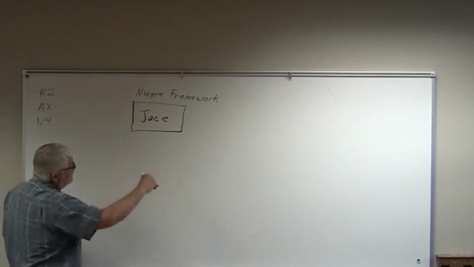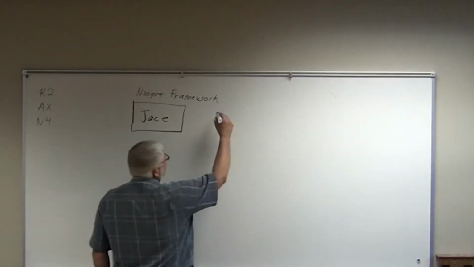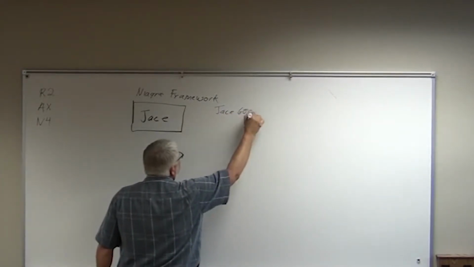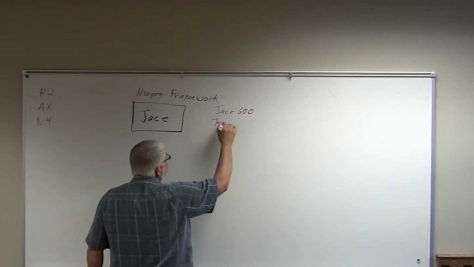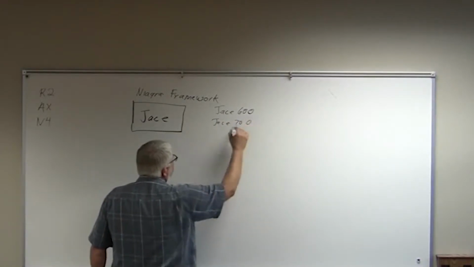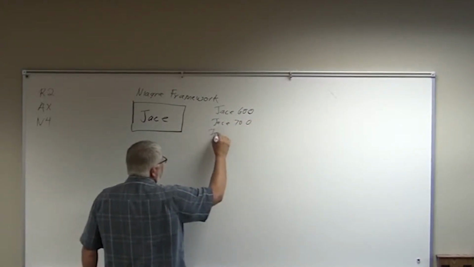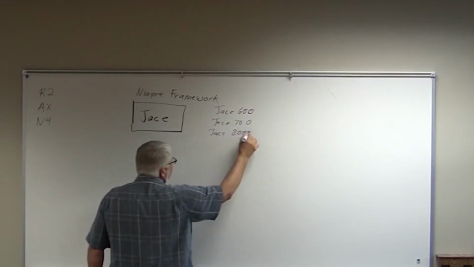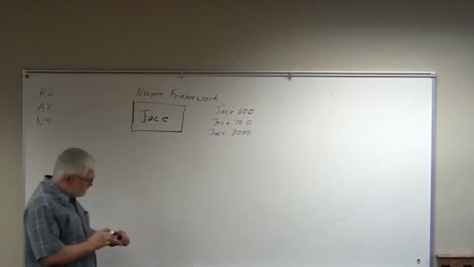So currently, I think most of the JACEs that you guys have are JACE 600s. You may have a couple of JACE 700s. The new style that's out is the JACE 8000. Okay?